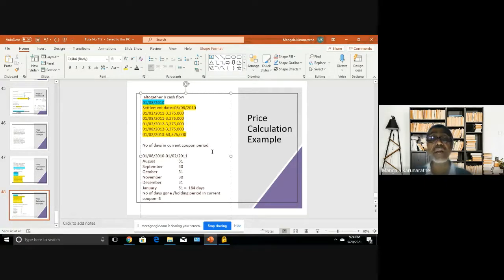This first coupon will be paid on 1/2/2011, and our settlement is 6/8/2010. So this coupon has to come all the way from 6/8/2010 to 1/2/2011, but it's not one full semi-annual period, or one full coupon period. It's a part of N, or a portion of N.